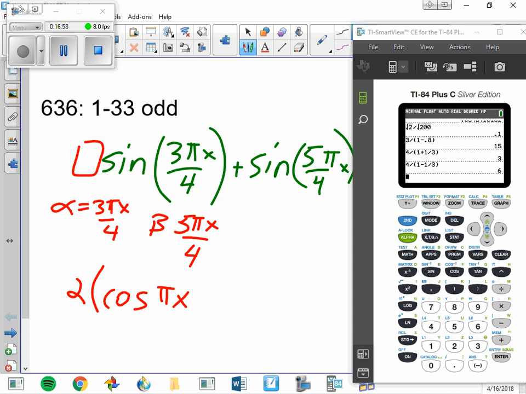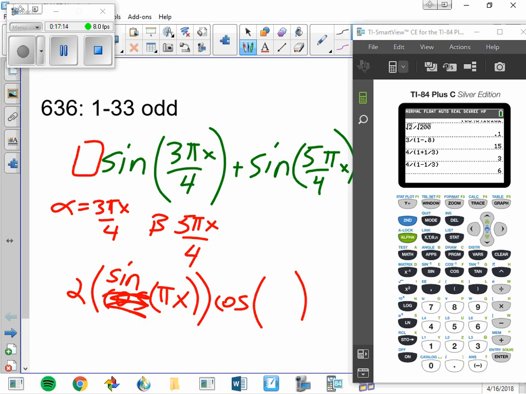Oh, you're right, sorry. Okay, and then we're going to multiply that by the cosine of alpha minus beta over 2.